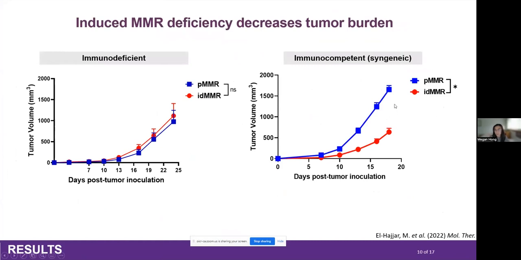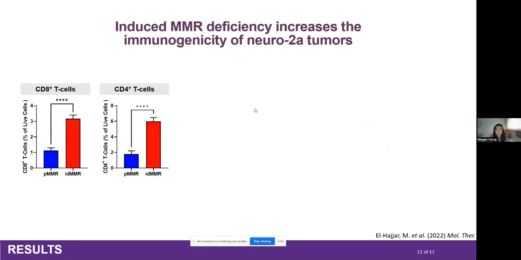This difference can be said to be mediated by immune responses based on what we see in the immunodeficient mice. When we looked at the immune cell composition within these tumors, we found that this induction of mismatch repair deficiency did cause these tumors to become more immunologically hot relative to the mismatch repair proficient tumors, where we saw an increase in both CD8 and CD4 T cells.